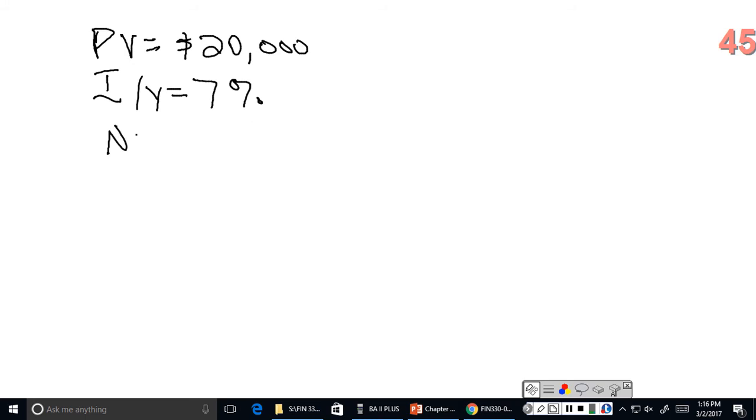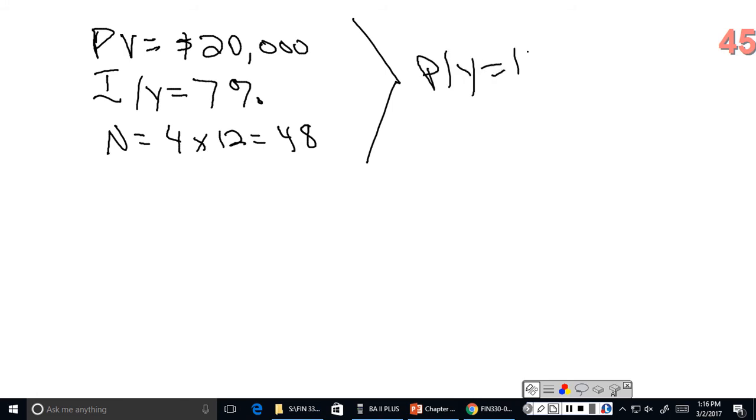And N is going to be 4 years times 12 months per year equals 48 monthly payments. Now, you want to remember to change your calculator to 12 payments per year. Because you were reading through it and it said you're going to make a monthly payment, monthly car payment, monthly house payment, whatever.